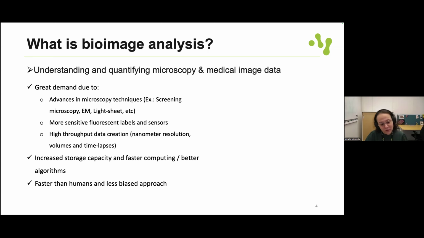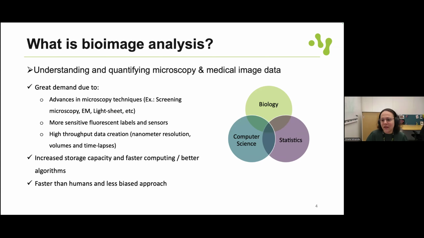And of course, another reason is that if you have an automated framework, it's much less biased than humans, and much more reproducible as well. So we can say we are here at the intersection of computer science, because most of the time we need to use software tools, but many times we need to develop something or customize a solution.